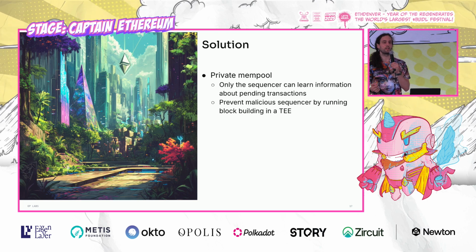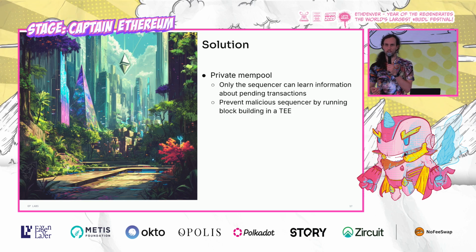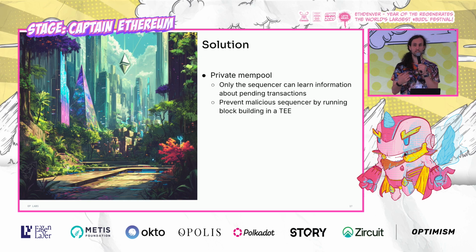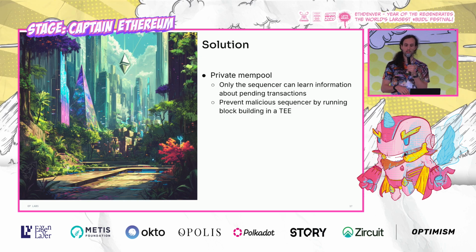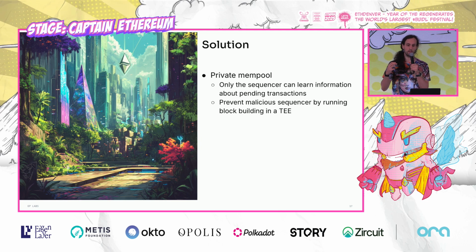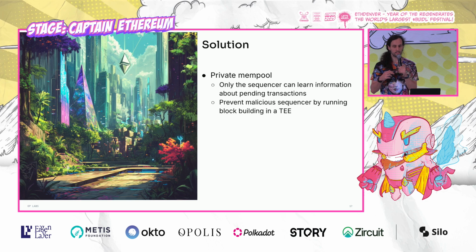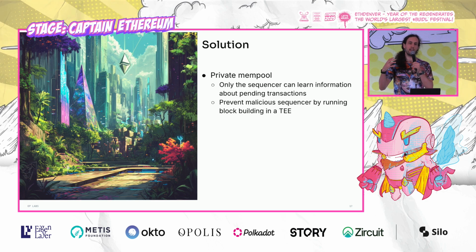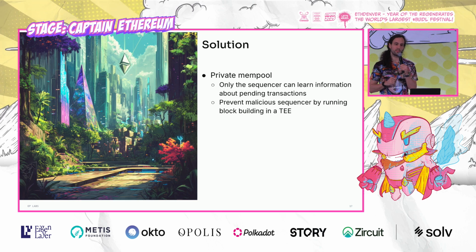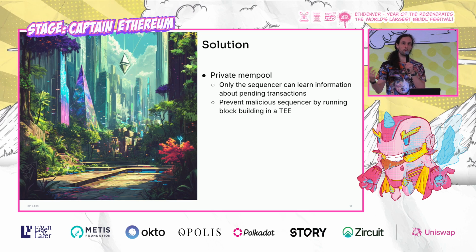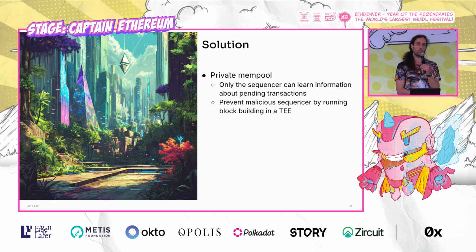Now, there's a trade-off here because technically now the sequencer can extract this MEV, but it's possible to run the sequencer in a TEE, a trusted execution environment, and basically prevent this, because the whole thing with the TEE is you can say, this is the exact block building algorithm that I'm going to use, and anyone can verify that I'm running it, and anyone can look at exactly what it does.